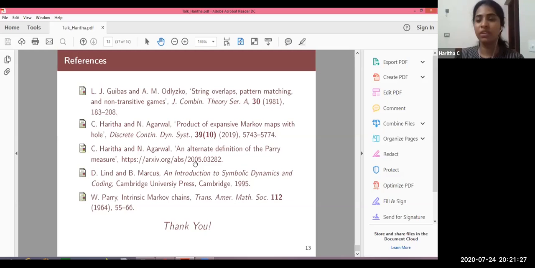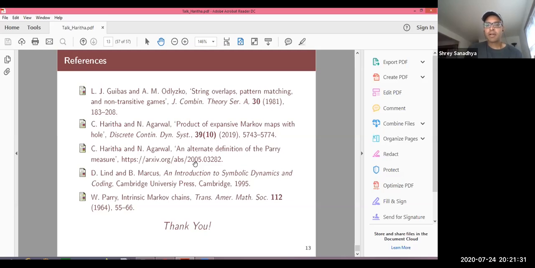I don't know. We haven't tried anything. So the Perron-Frobenius theorem for countable matrices exists for recurrent matrices. And I'm talking about the Markov shifts.